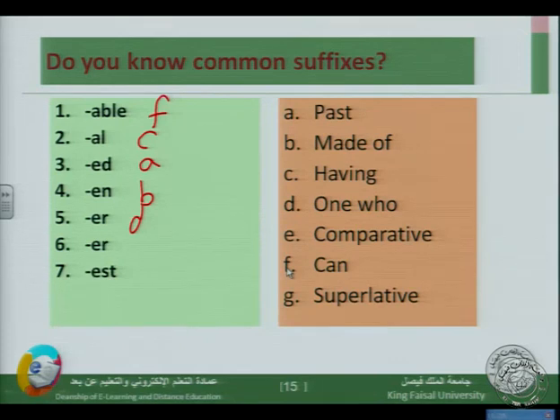Er, the sixth one, also means, so the first one means one who, and the second er takes the comparative form, like high, higher. And the last one, est, superlative, is used to say something is the most.